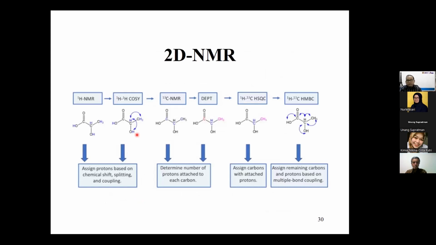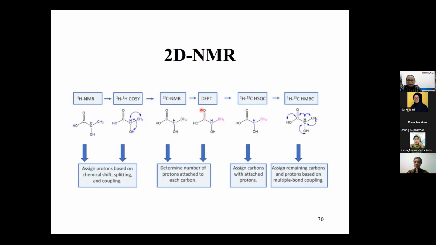For the 2D NMR, okay, we already learned about 1H NMR and carbon NMR, but for the 2D, usually what we use is COSY NMR. We can see the correlations between neighboring protons. This is the correlation between neighboring protons here. Okay, this OH can see this proton, and this hydrogen can see this CH3. What I can see for myself is only proton-proton interactions.